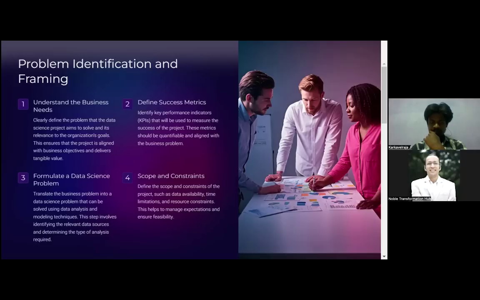Here you can do a SWOT analysis: what is the strength, what is the weakness, what is the opportunity, what is the threat. Once that is done, you'll know which area you need to focus on according to time availability, data availability, and resource constraints.